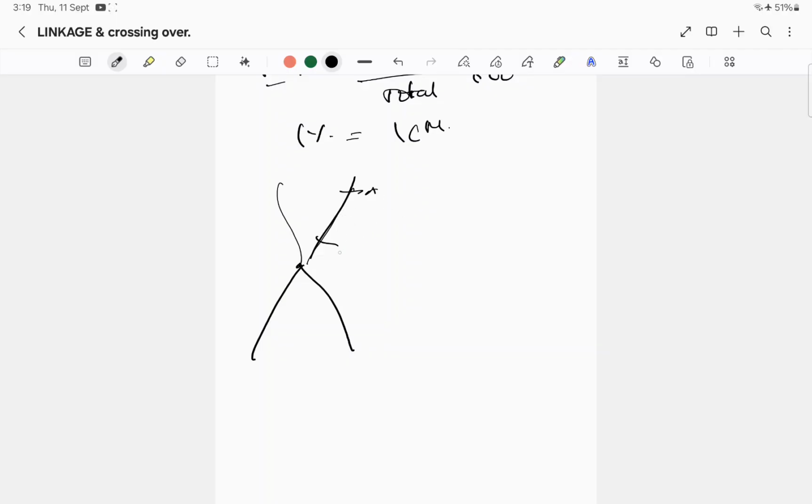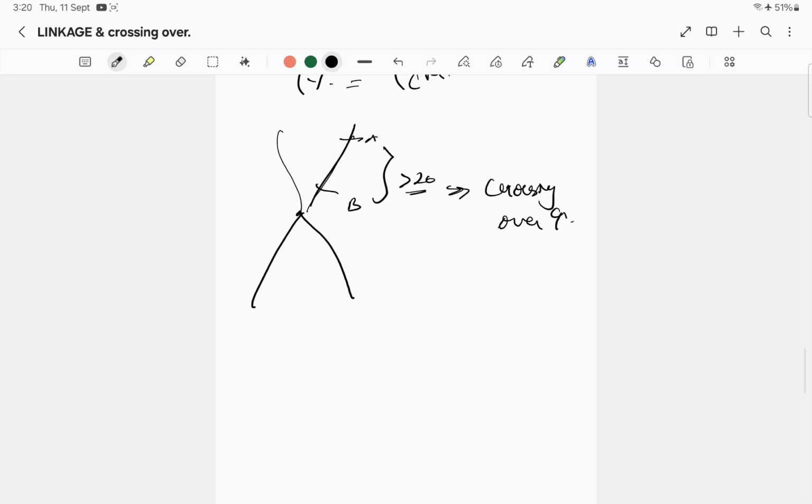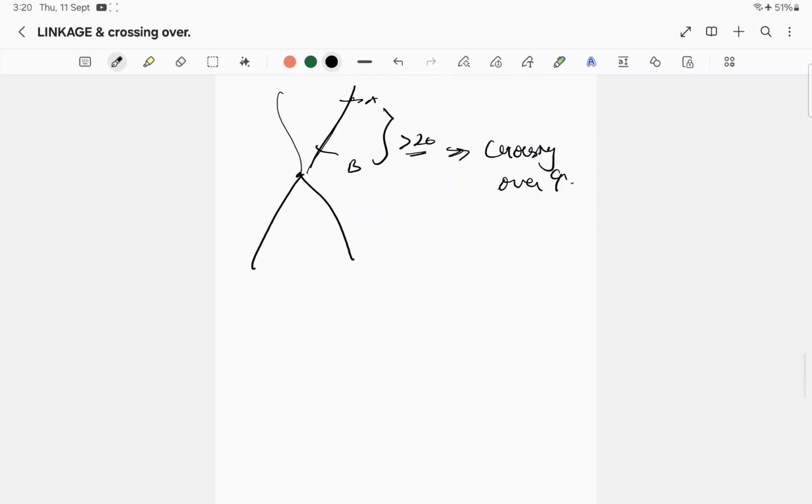But if the distance between two genes is more than 20 centimorgans, then the chance of crossing over increases. The greater the distance, the more multiple crossing overs can occur, which helps in producing more recombinants than the parental types.